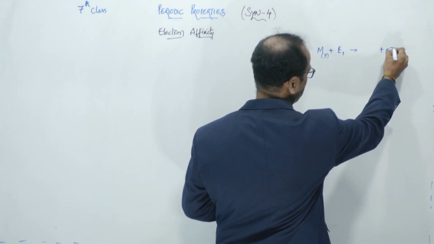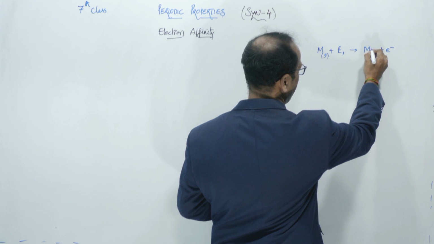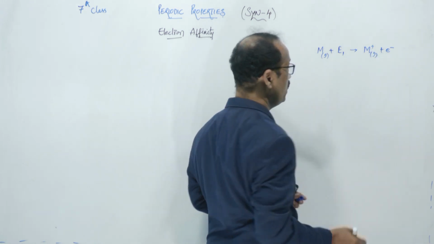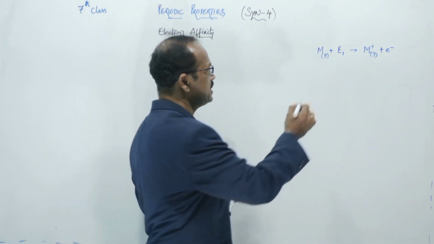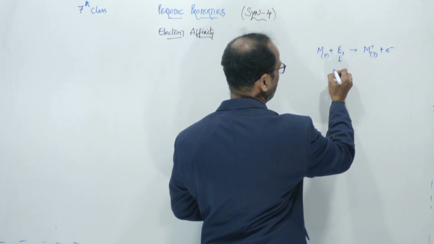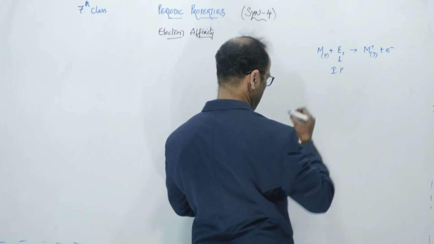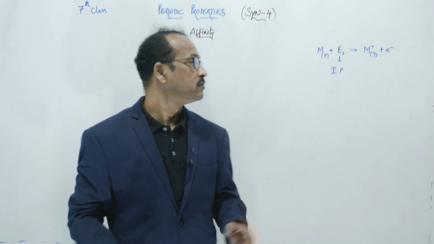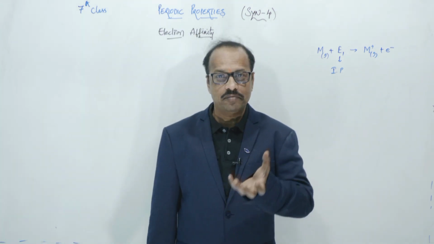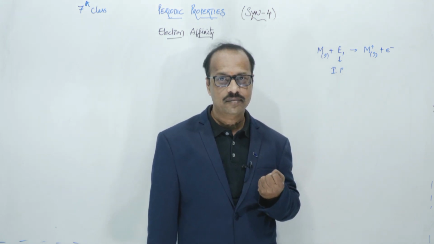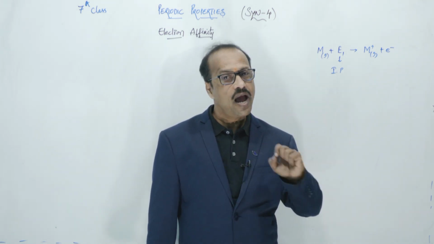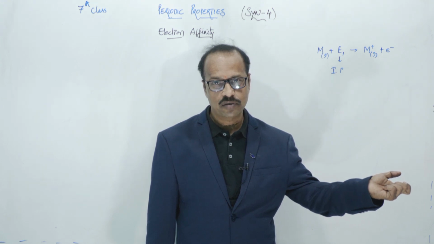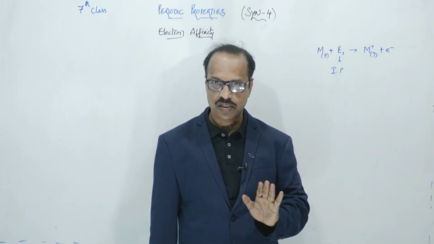One electron comes out, and it becomes M plus. This E1 is called the ionization potential. So the atom is absorbing the energy, losing one electron and becoming positively charged.